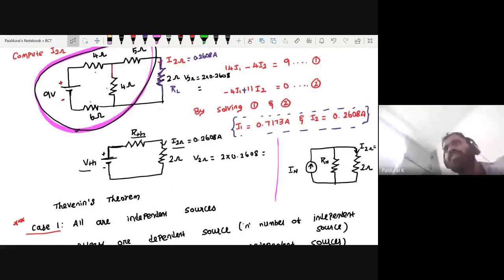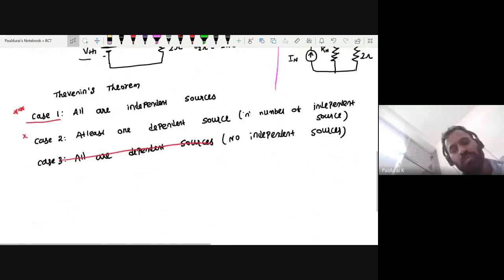So now take this example 1. In which category does it fall? It is coming under category 1, so all are independent sources. Now take case 1. If all are independent sources, what is the procedure to calculate VTH?